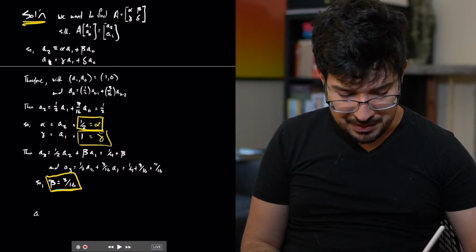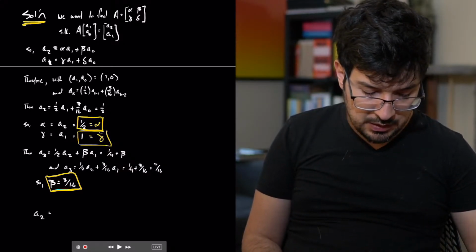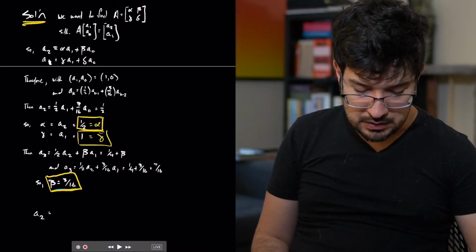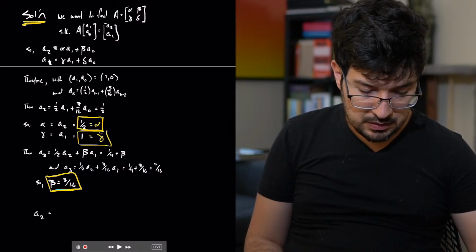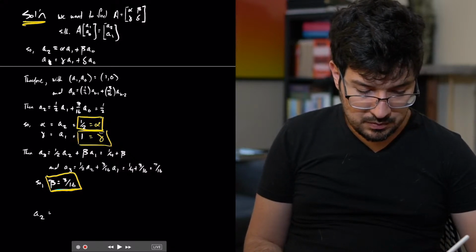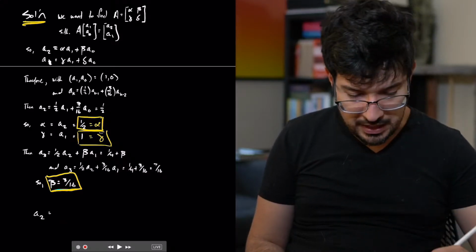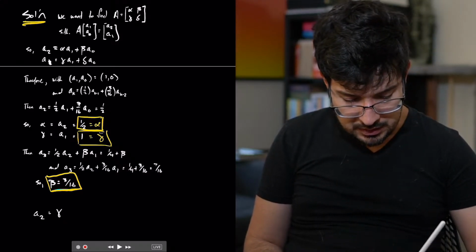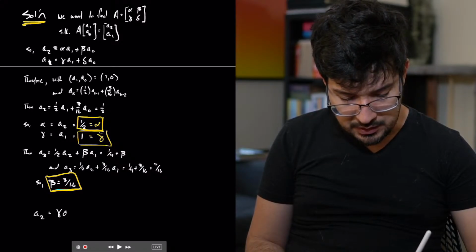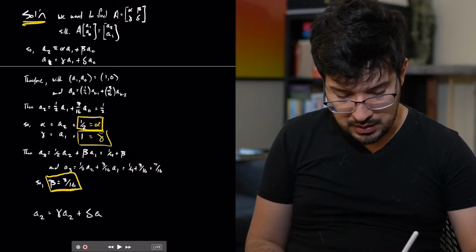I feel like there's a better way to prove this, but A2 equals, oh yeah, A2 equals gamma A2 plus delta A1.